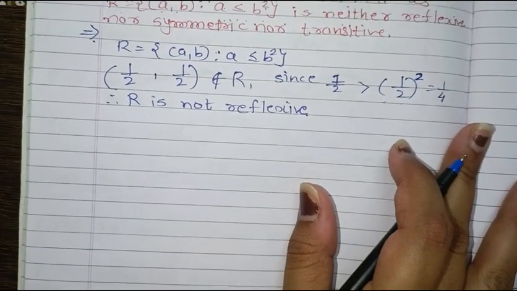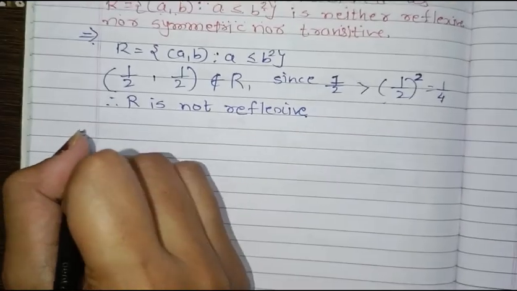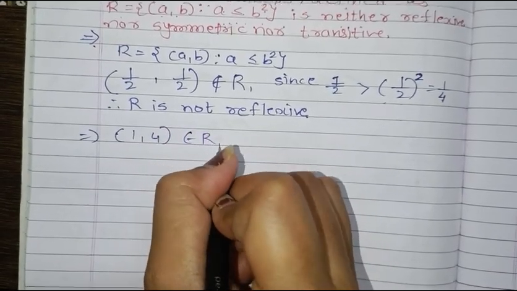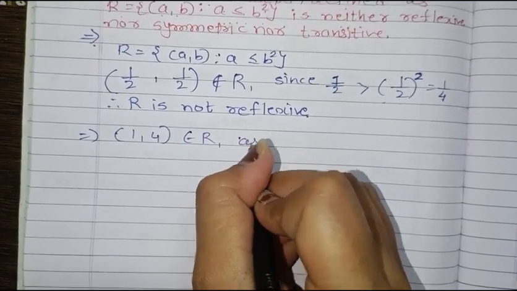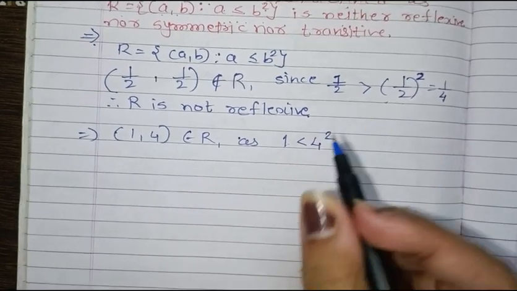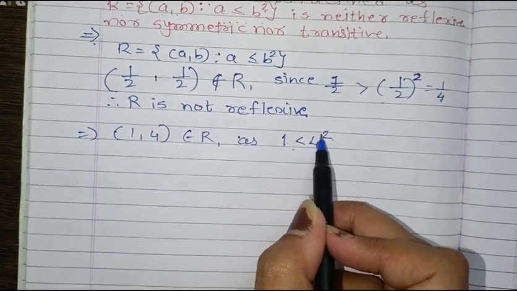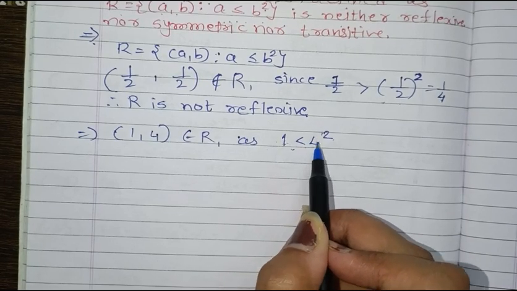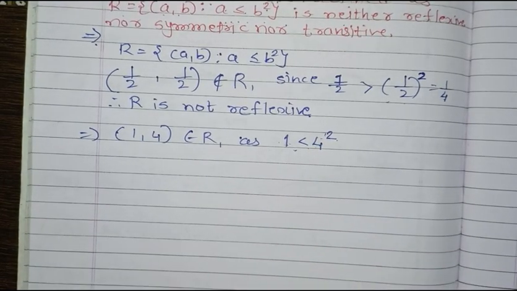Next, for symmetricness, if we take (1, 4) belongs to R, as 1 is less than 4 square. You know 4 square is 16, then 1 is less than 16. But 4 is not less than 1 square. Vice versa is not possible.